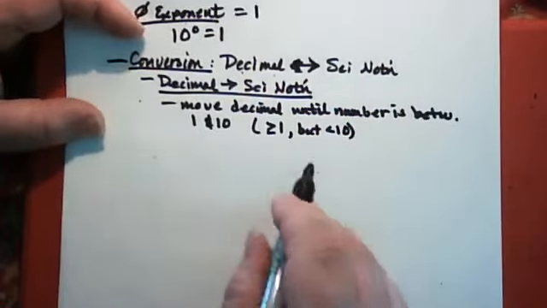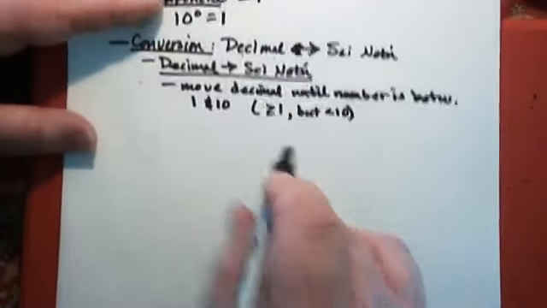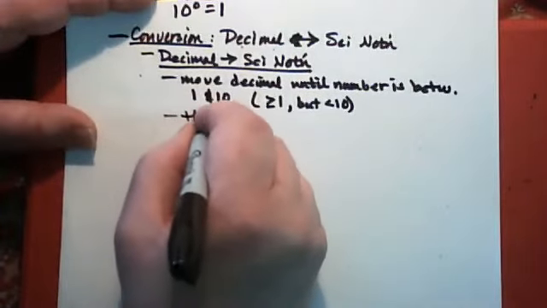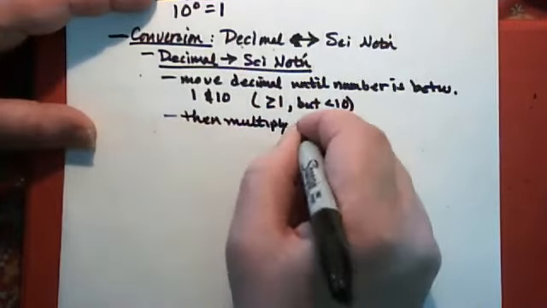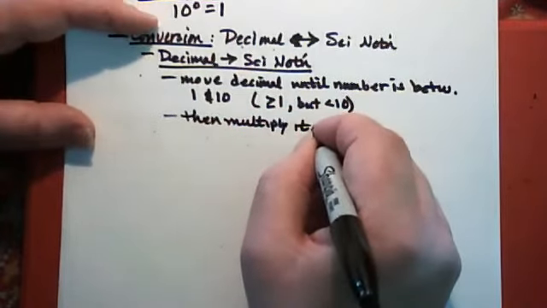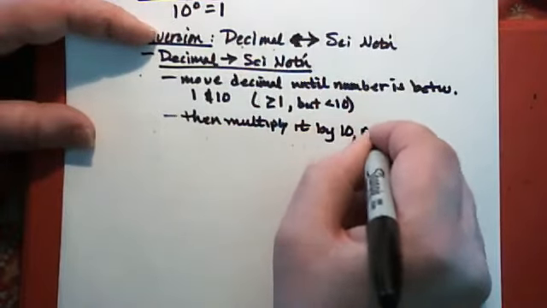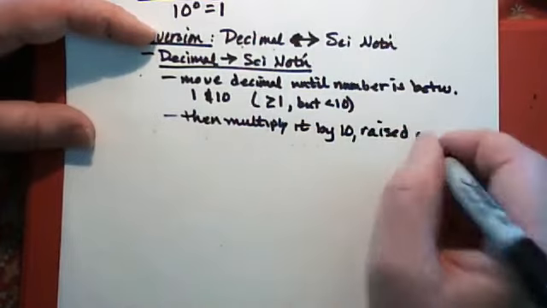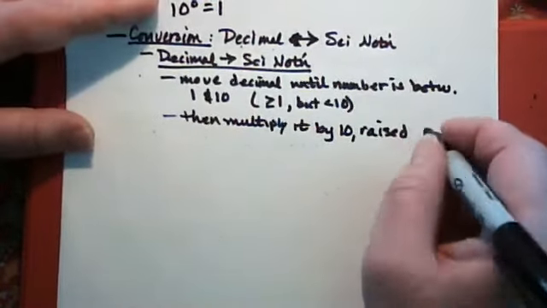So you want the number to be greater than or equal to 1, but less than 10. Then you have to multiply it by 10 raised to the number of spaces that you move the decimal.